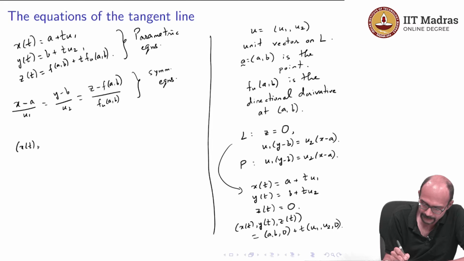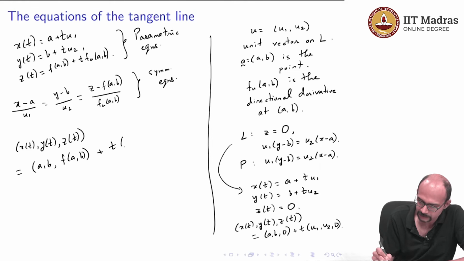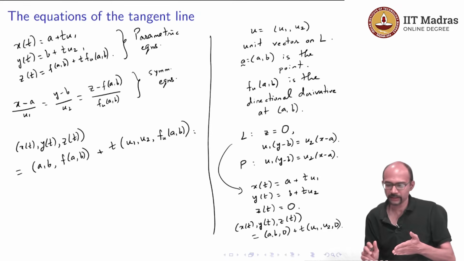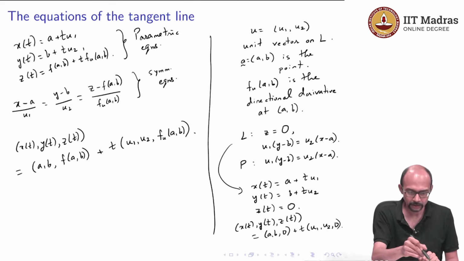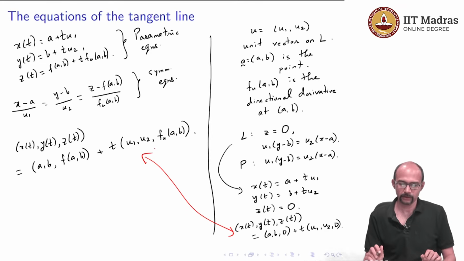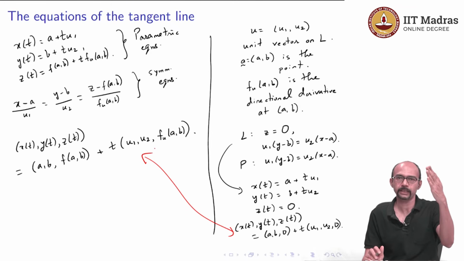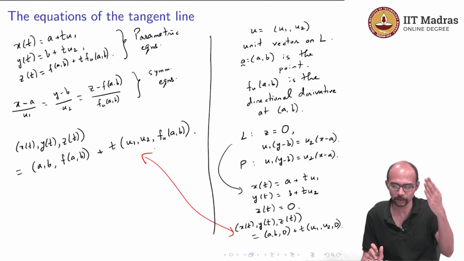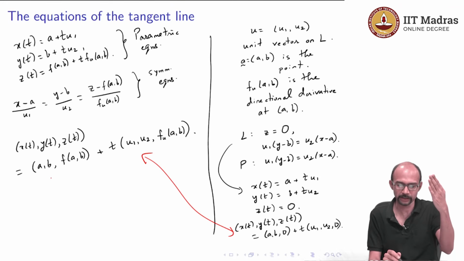So, (x(t), y(t), z(t)) is (a, b, f(a, b)), a point, plus t times (u1, u2, f_u(a, b)). And this is exactly corresponding to the equation here. So, this line is an affine flat, it passes through (a, b, f(a, b)), that is why I have translated it by this point.